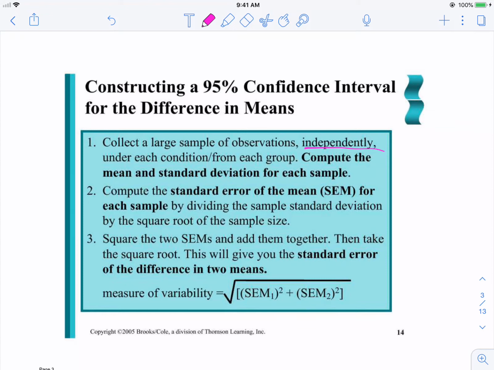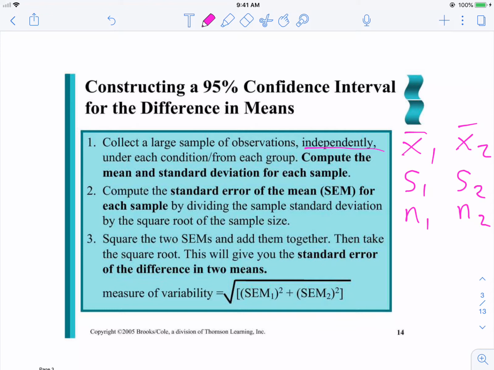You're calculating the mean and the standard deviation for each sample. Actually, we're not going to be using mu because these are sample means. So we're going to have x bar 1 and x bar 2 representing the two different means, a sample standard deviation 1 and a sample standard deviation 2, and a sample size 1 and a sample size 2 for the two different samples that we're taking.